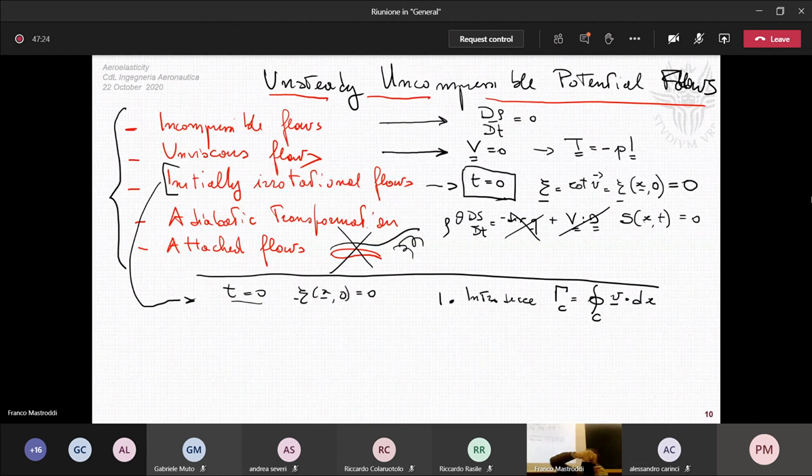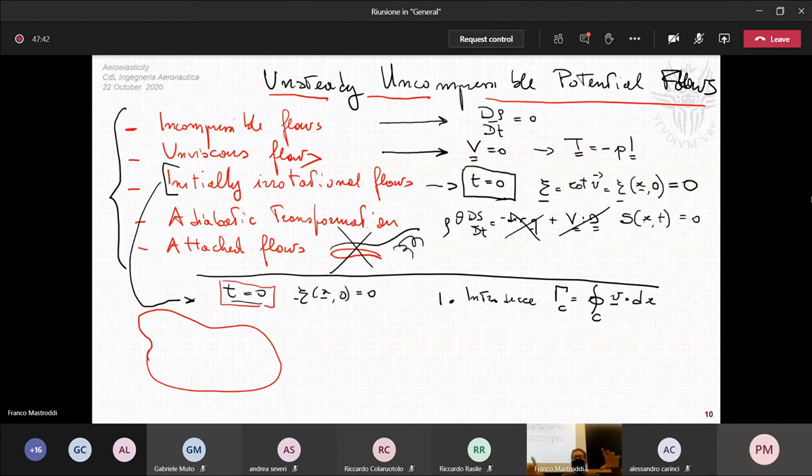of material particles. So you have to fix a closed line of material particles like this. And at this time, these material particles are currently occupying a set of points, physical points.